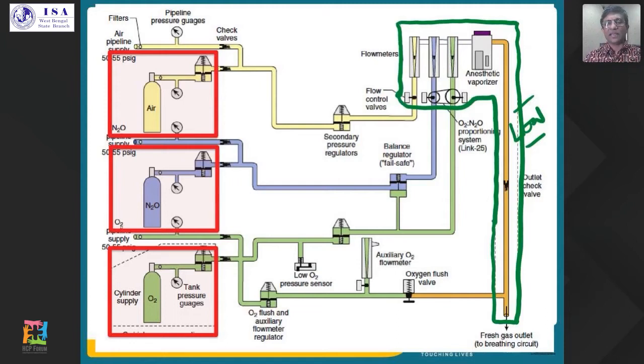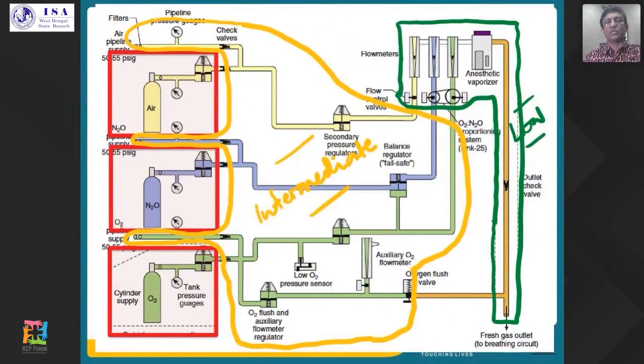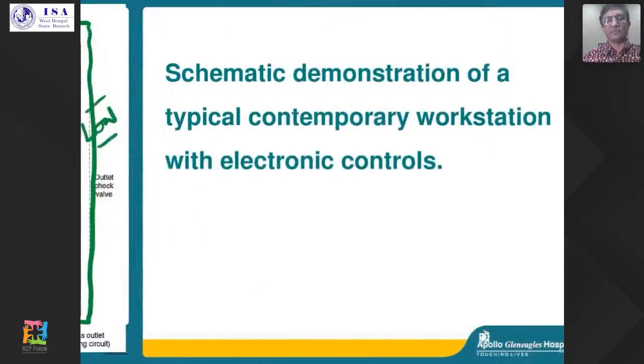Anything other than this is the intermediate pressure system, which includes the oxygen pipelines, then your secondary pressure regulators, check valves, the oxygen sensor failure alarms, the fail-safe valves, and the oxygen flush valve, which is fed by the intermediate pressure system.